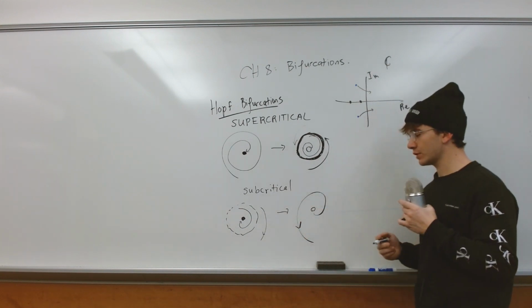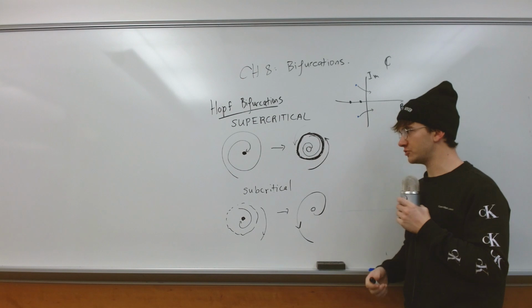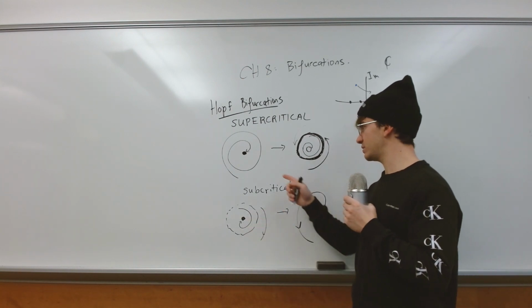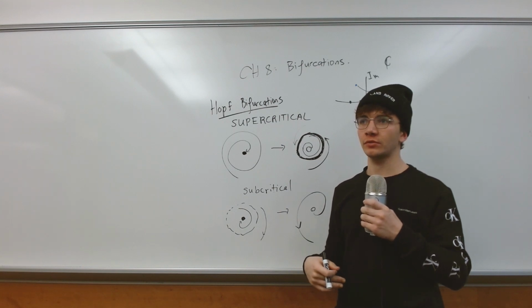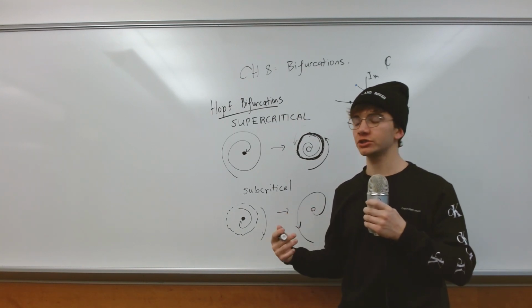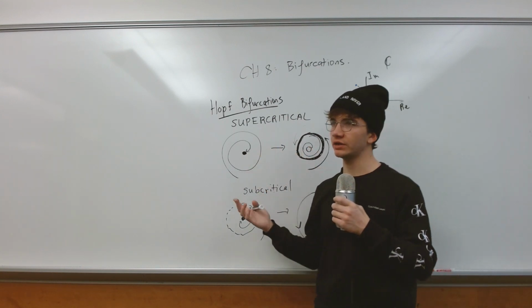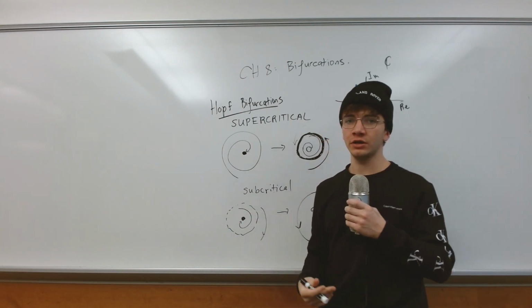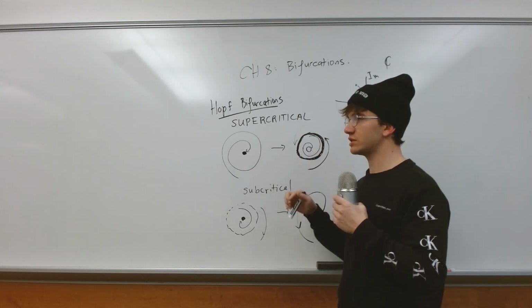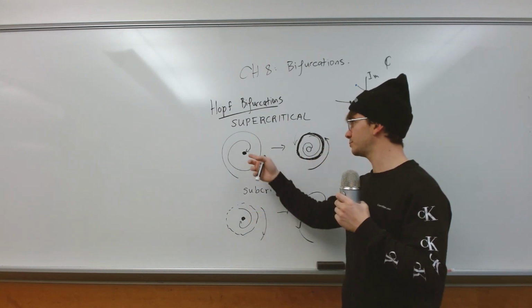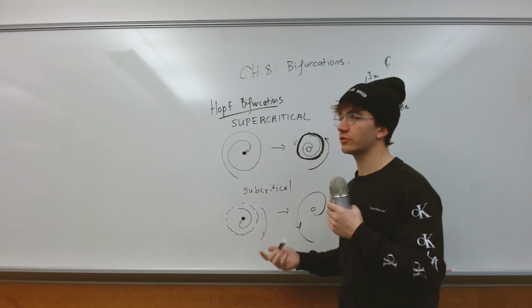Now, one important thing to note is that in both of these cases, if we just look at the local picture of the fixed point itself, evaluating the Jacobian, we go from a stable to an unstable spiral in both the supercritical and the subcritical case.